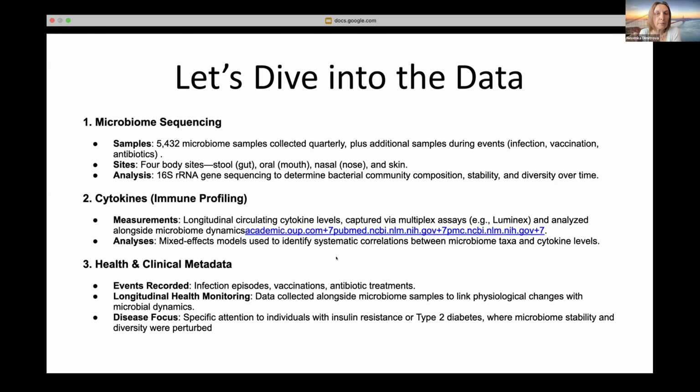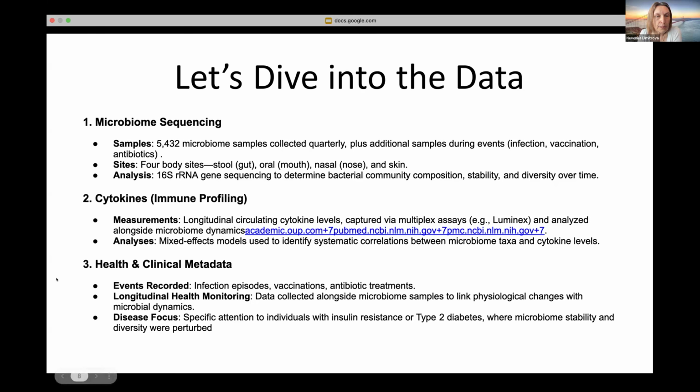This is figure 4 in the paper, used to identify systematic correlations between microbiome taxa and cytokine levels. So the interplay between microorganisms and our own immune system, as well as health and clinical data. So I invite you to explore and also discuss and ask questions on the forum.